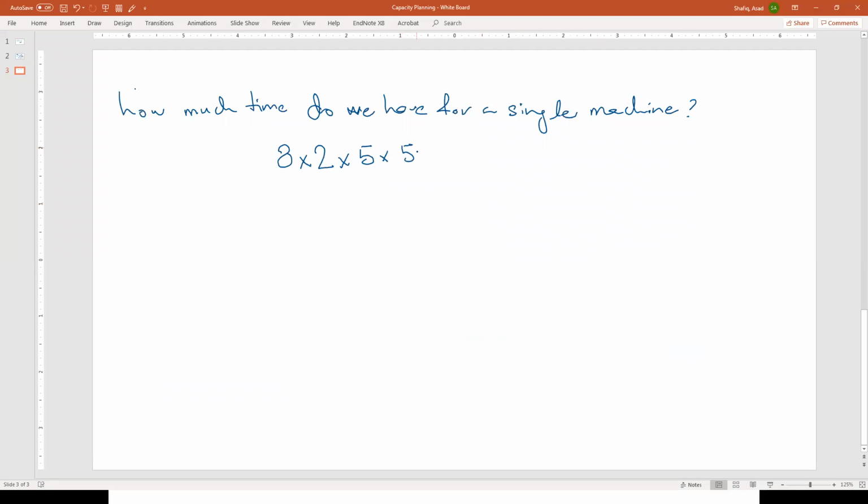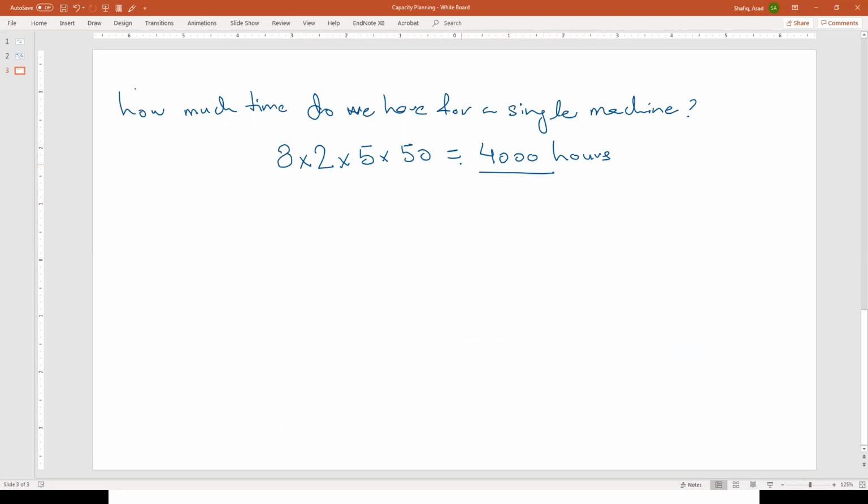And these will be the number of hours we have available for a single machine. So basically 5 times 2 is 10, 500 times 8 is 4,000. This should be 4,000 hours. These are the number of hours we have available from one machine.